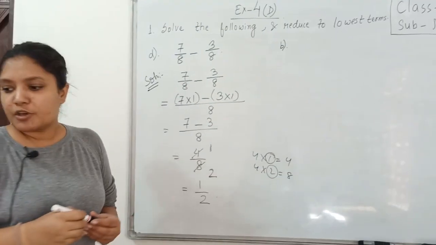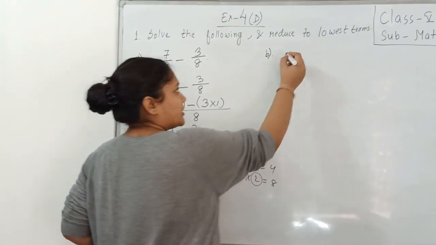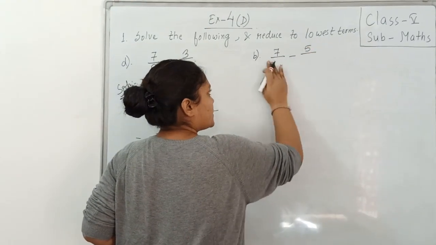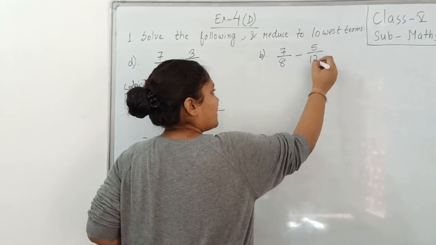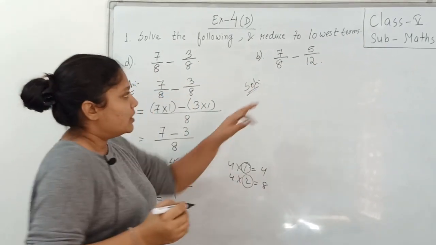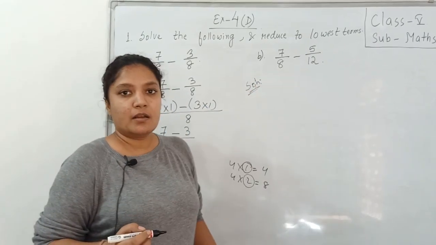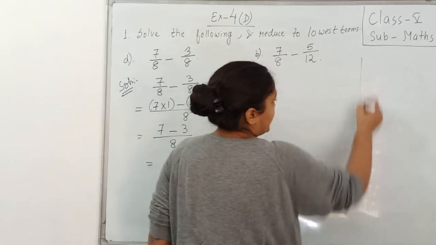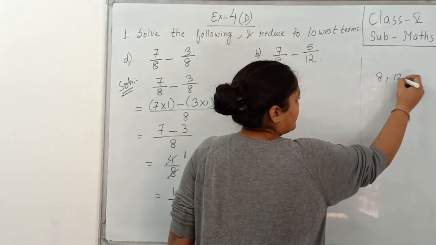One more example question, you write down. 7 by 8 minus 5 by 12. Okay. Now see, here the denominators are what? Different. So what do you have to do? You have to take the LCM. Clear? So let us take the LCM first. 8 and 12.